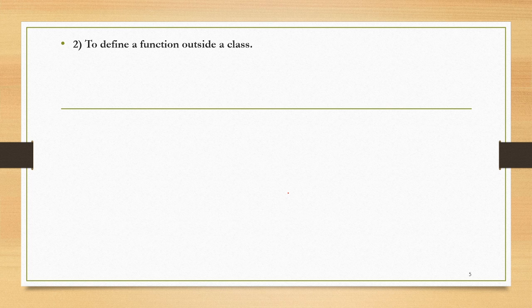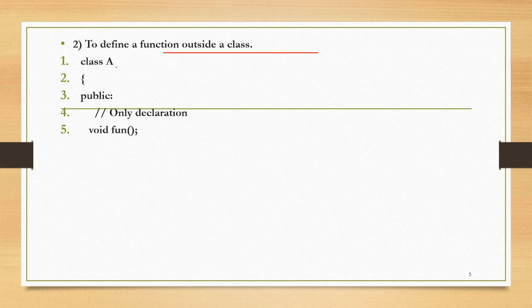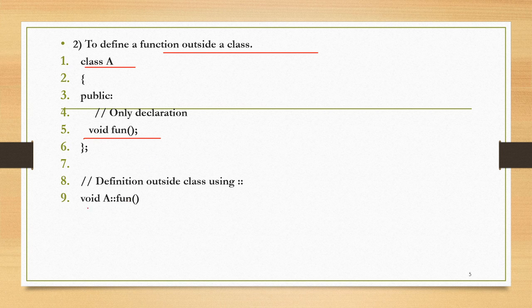Next, to define a function outside the class. Many times we want to define a function outside the class. In that case, we have to use the scope resolution operator. So this is our class A, which consists of the function void fun, and this is the way to define this function outside the class.